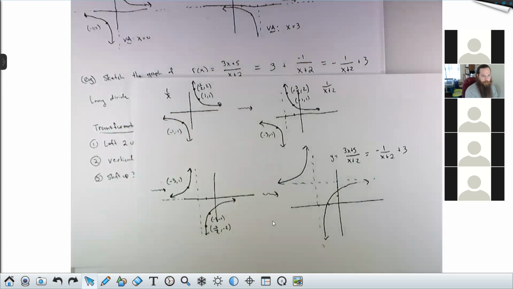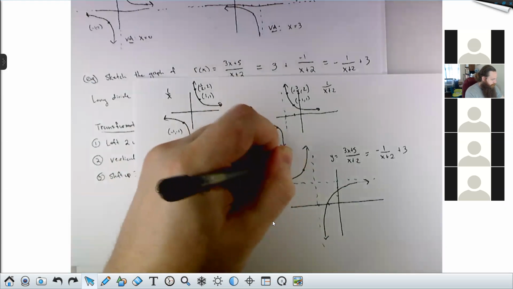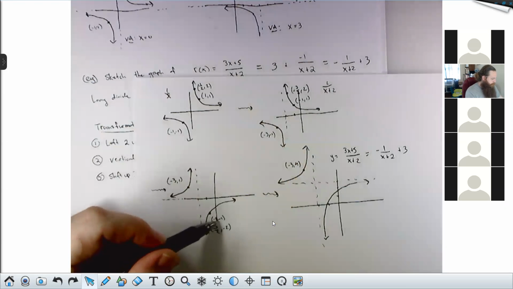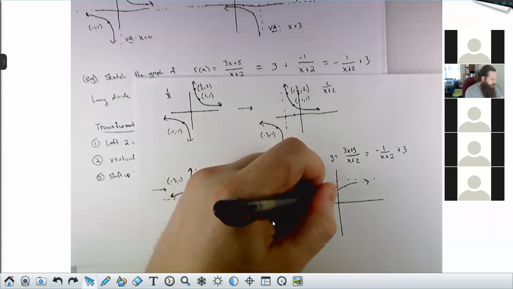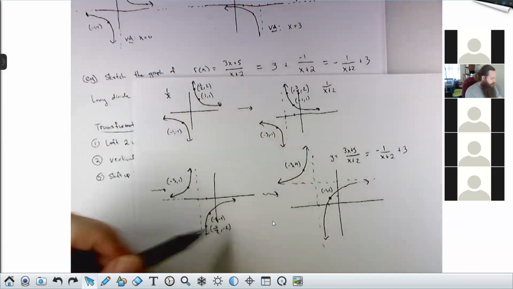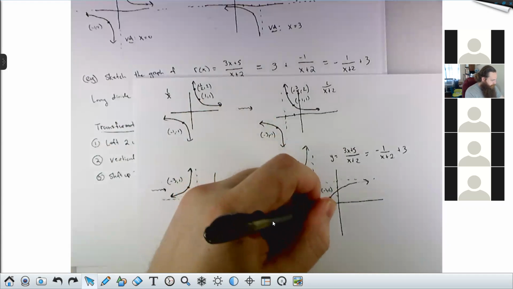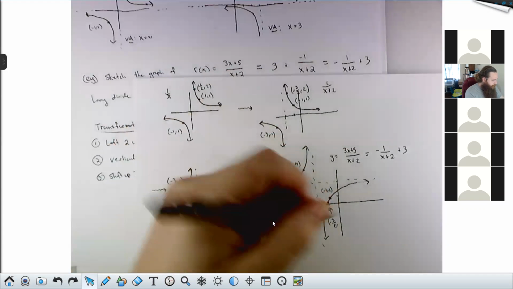And then when we bump everything up, we're bumping up by 3, so (-3, 1) would become (-3, 4). (-1, -1) would become (-1, 2), and (-3/2, -2) would become (-3/2, 1).